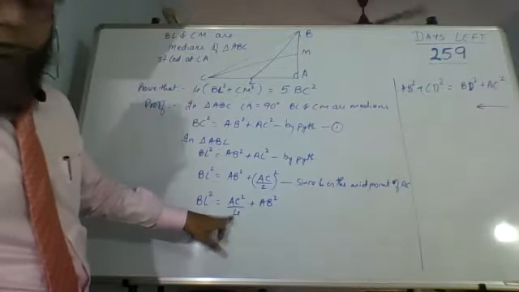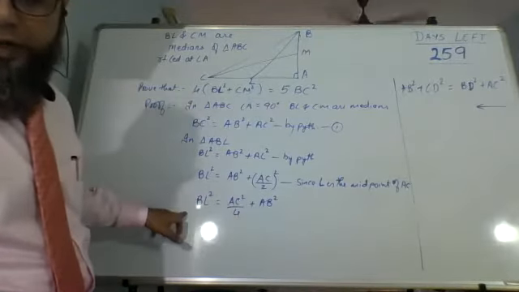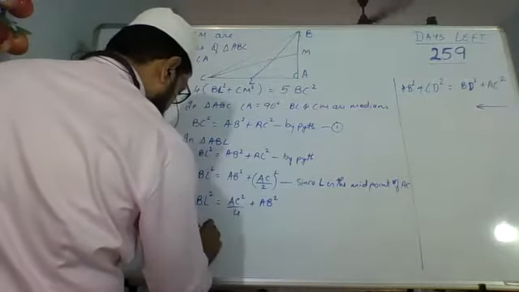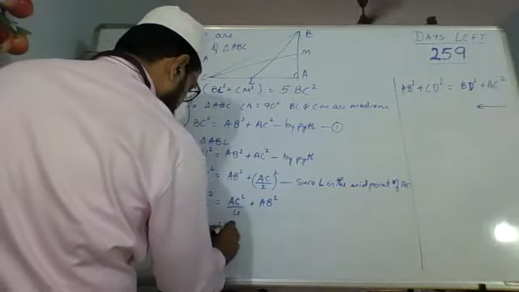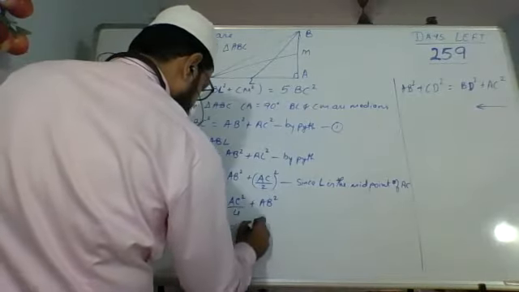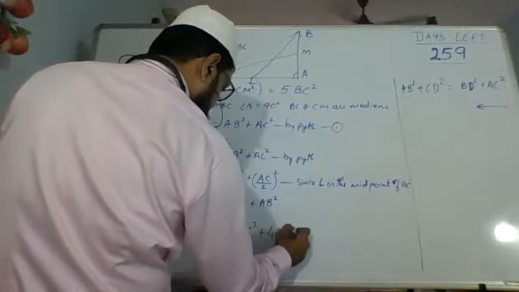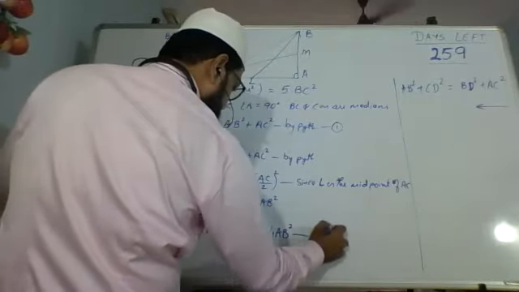When I take LCM, multiplying throughout by 4, I'll get 4 BL square equals AC square plus 4 AB square. Call this equation number 2.